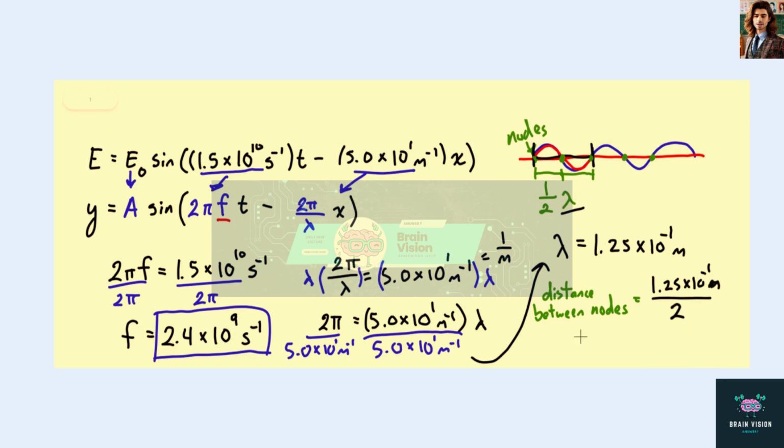Just cut it right in half. And what we get is about 6.28 times 10 to the minus 2 meters. That's how far apart those nodes are in this electromagnetic wave.